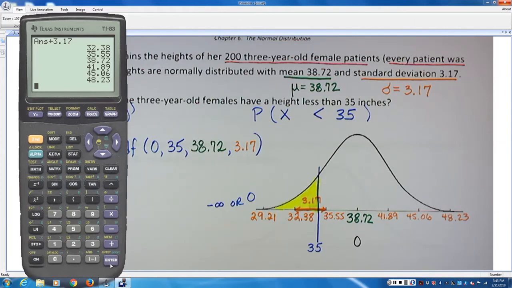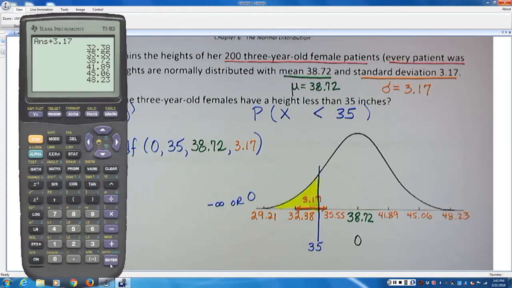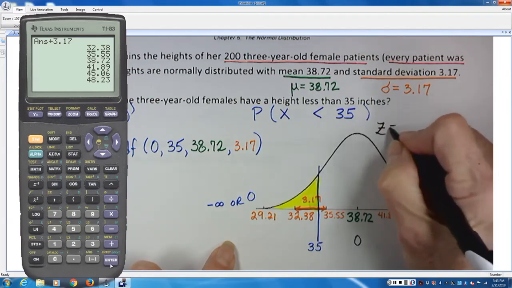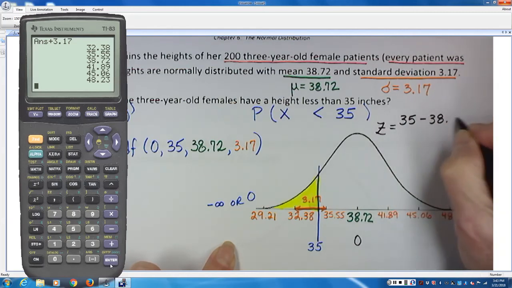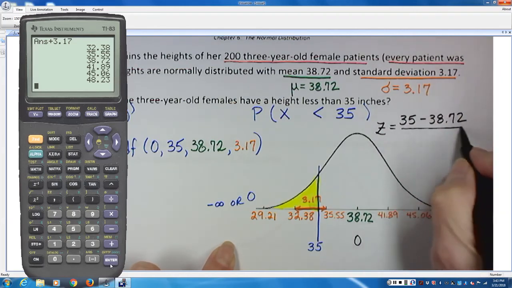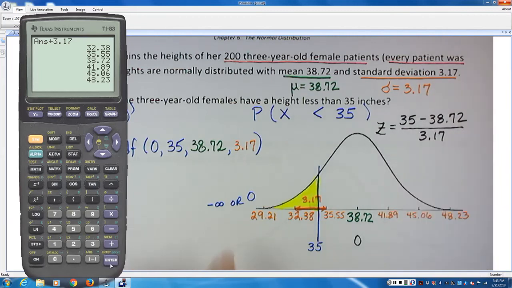And if you wanted to be sure you located that 35 exactly where it was supposed to be, we could calculate its z-score. And get negative 1.17.